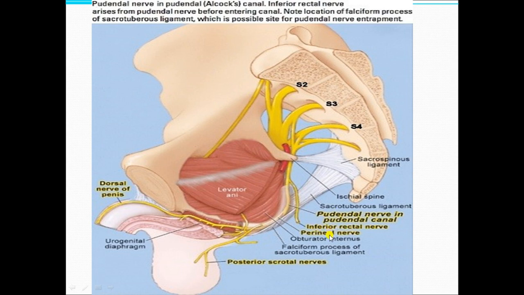Next we will see the perineal nerve. It arises in the pudendal canal region, also called Alcock's canal, then descends downwards and enters the perineal region.